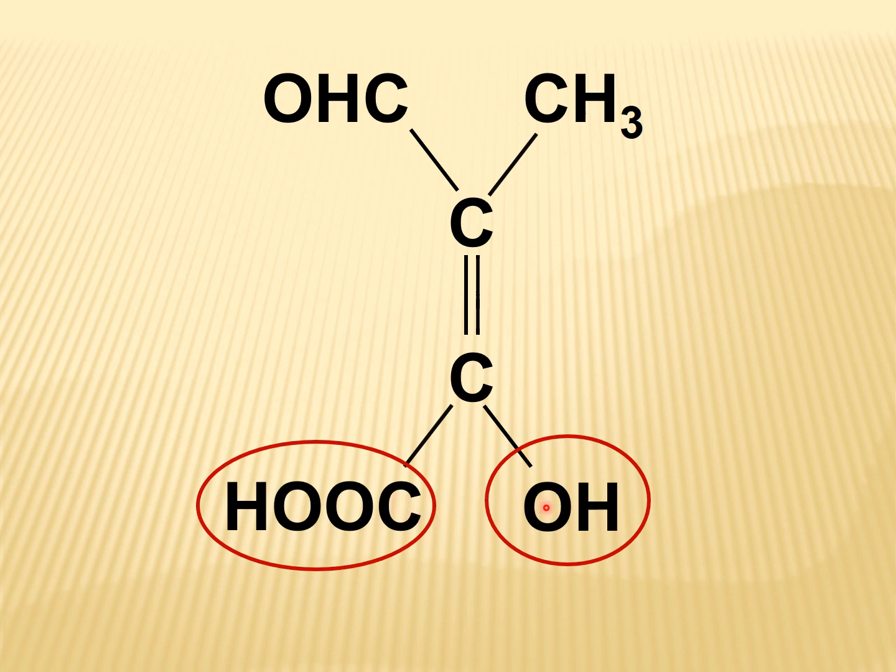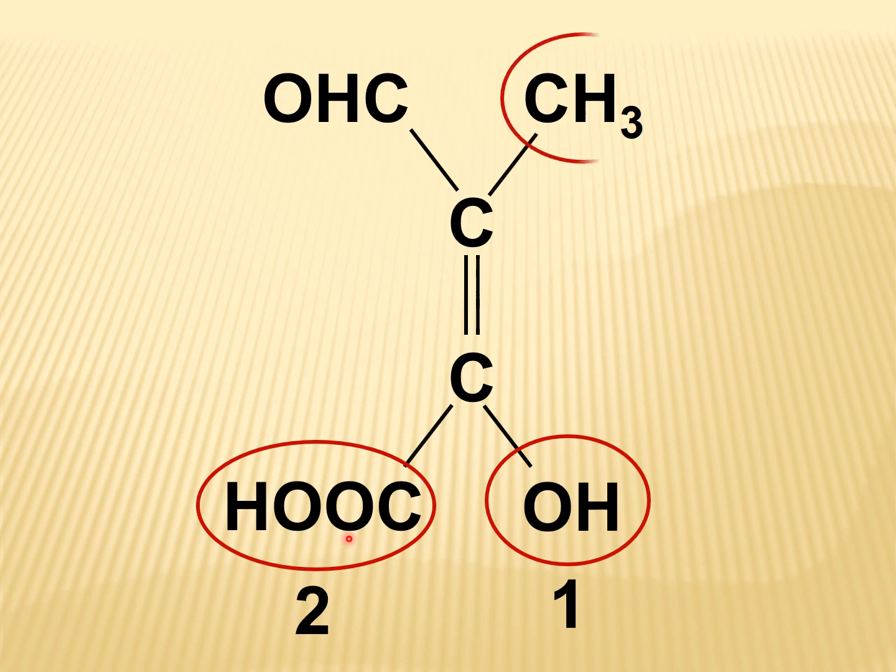The higher the atomic number, the more the priority. So oxygen has more priority compared to carbon. So this OH group is given priority 1, and the COOH group is given priority 2. So on this side of the double bond, you have this OH group as first priority, and this COOH group as second priority.